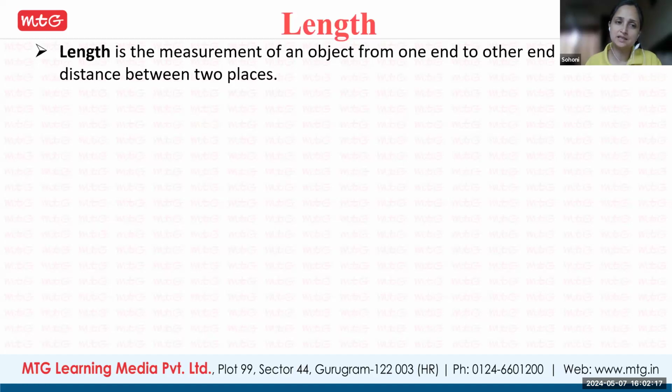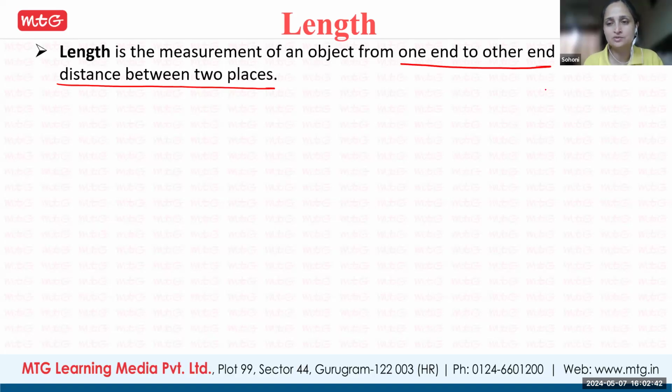So what is length? Length is the measurement of an object from one end to other end or distance between two places. If you are measuring the length of any object, then it is from one end to other end. And if you are measuring distance between two places, that is also length.